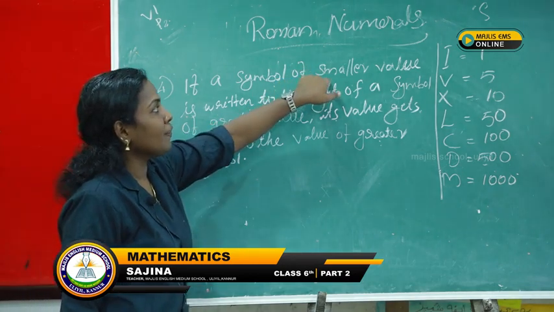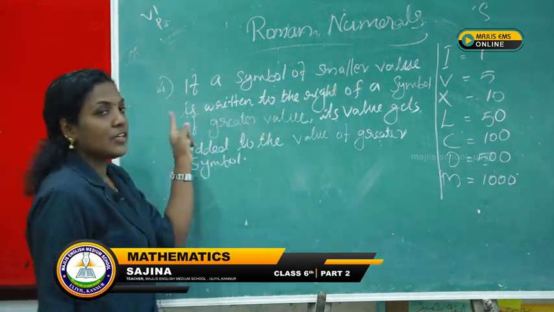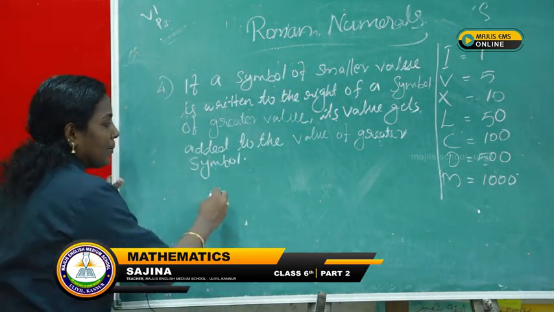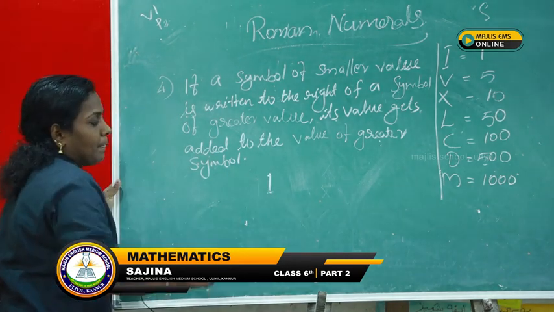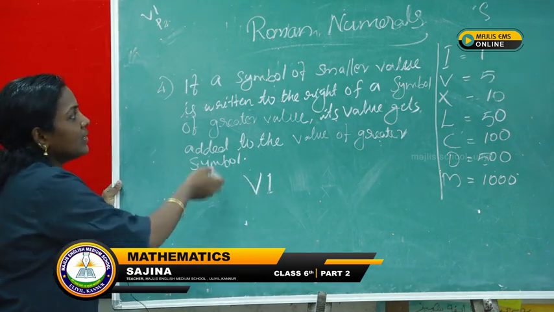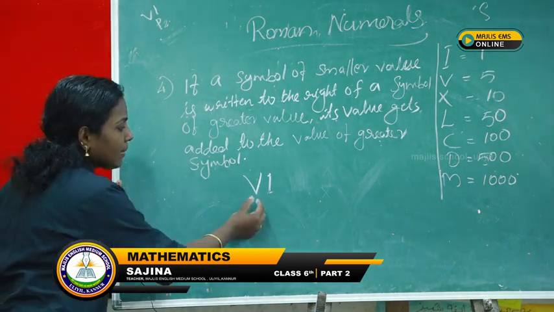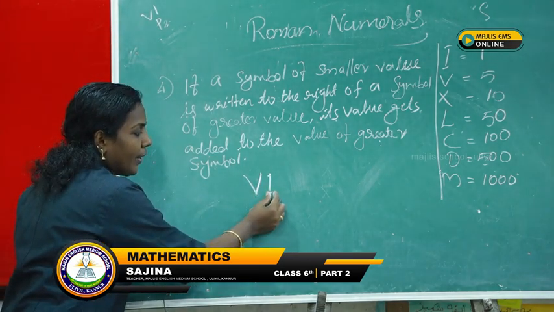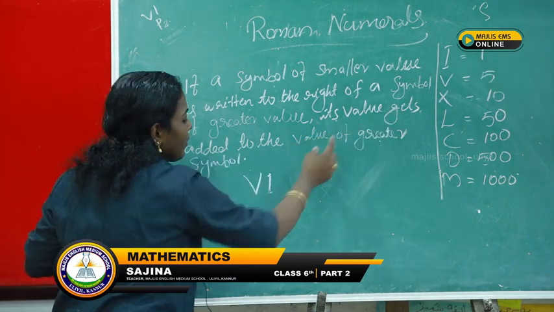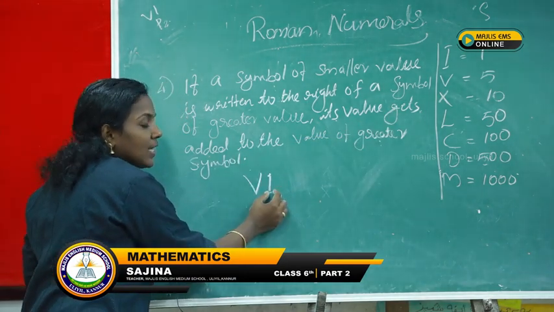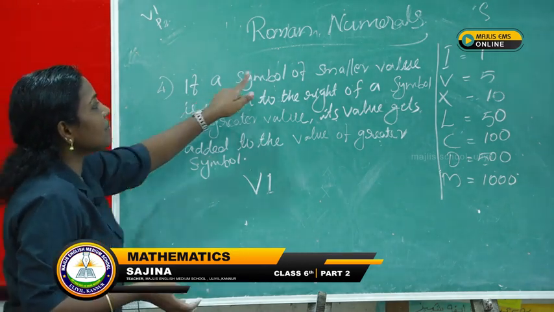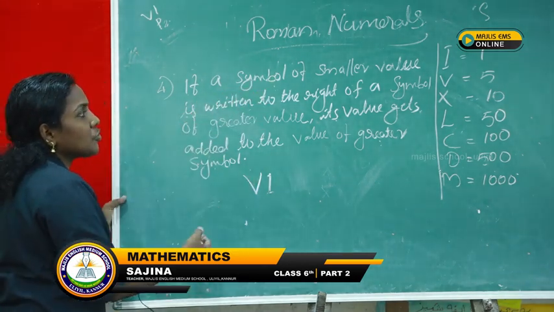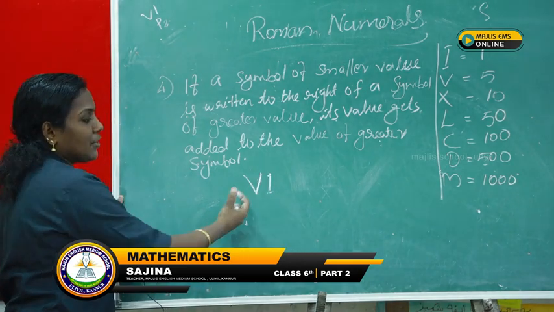Next property: if a symbol of smaller value is written to the right of a symbol of greater value.